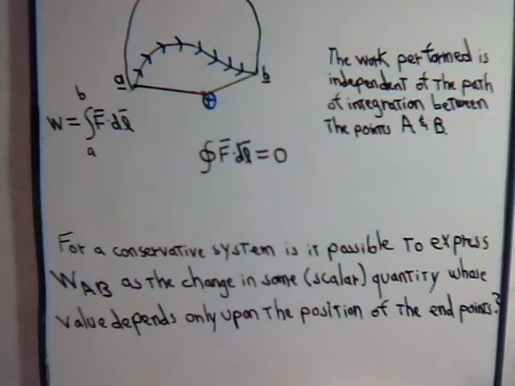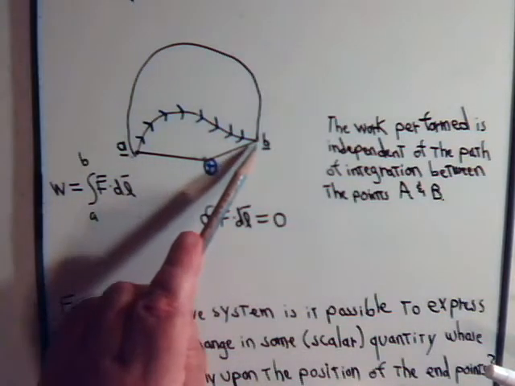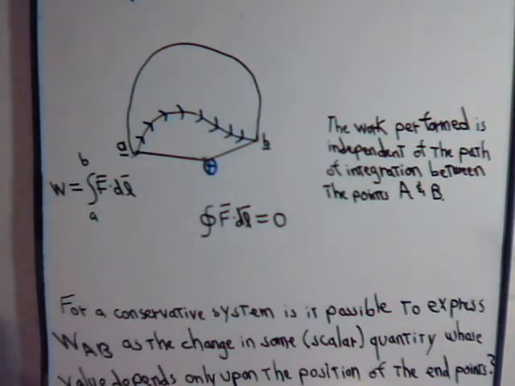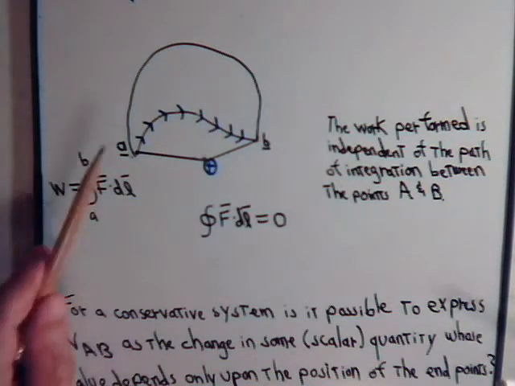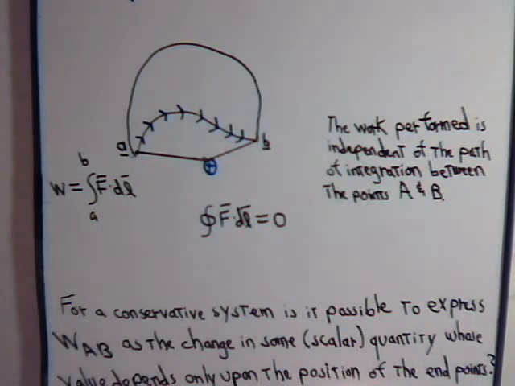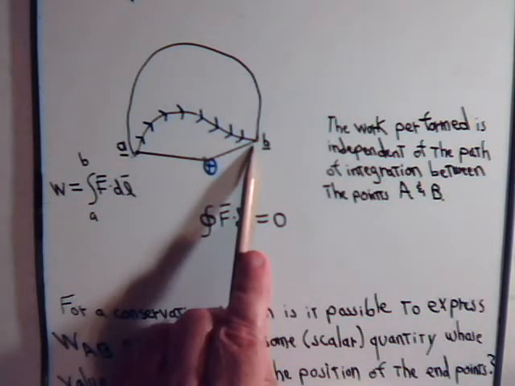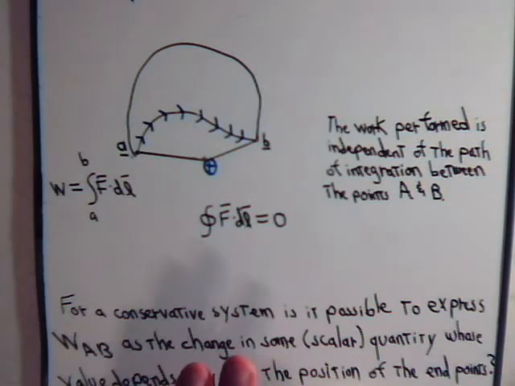So in other words, if we're dealing with a conservative system, and we're standing here at point A, and we end up here at point B, is there some scalar quantity that exists in these conservative systems that might have a certain magnitude at point A, has a different magnitude at point B, and then when we move the particle from point A to point B, the difference in magnitude of that scalar quantity would be equal to the amount of work that's performed?